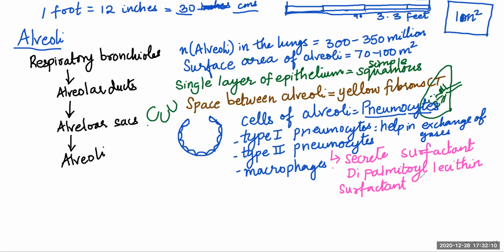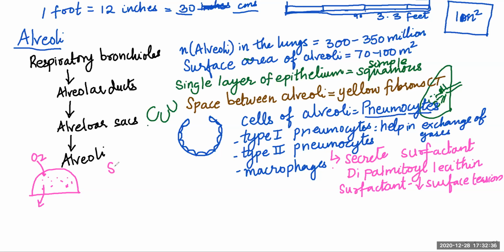Surfactant reduces surface tension of a fluid, and here it is going to be water. So say for example, this is the alveolus. The alveolus has fluid in it. Now air has to enter this and come out, or oxygen has to be exchanged.